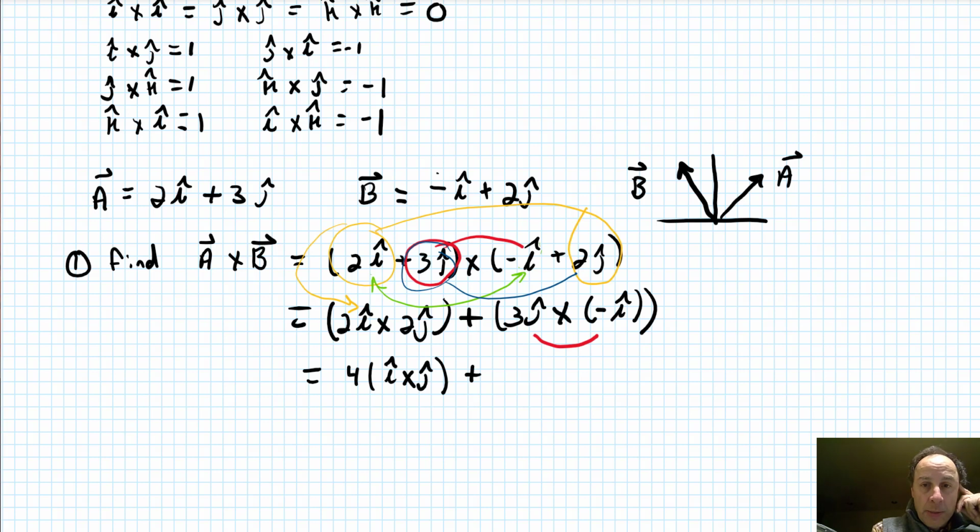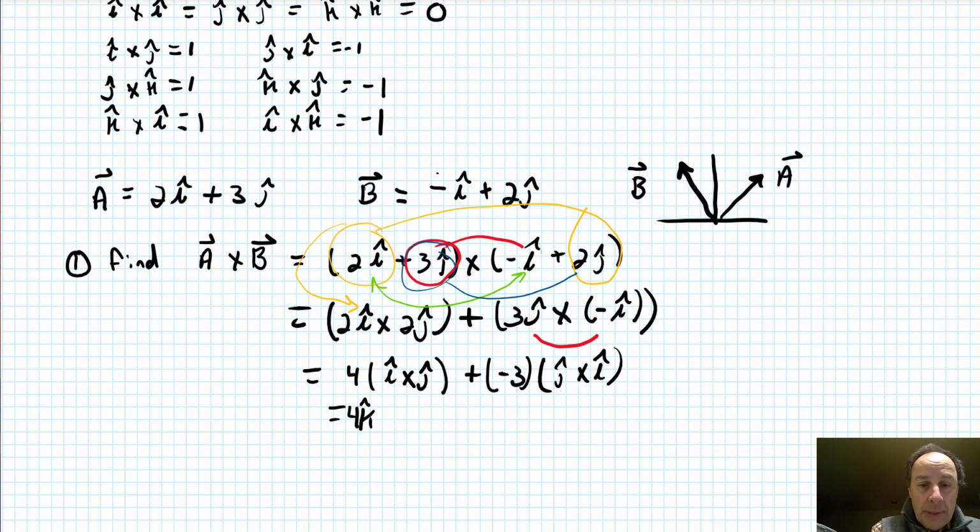This is plus a minus 3 times j cross i. i cross j from up here is k, so this is 4k.